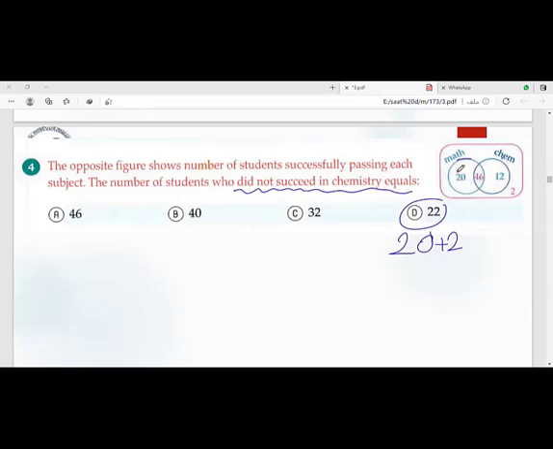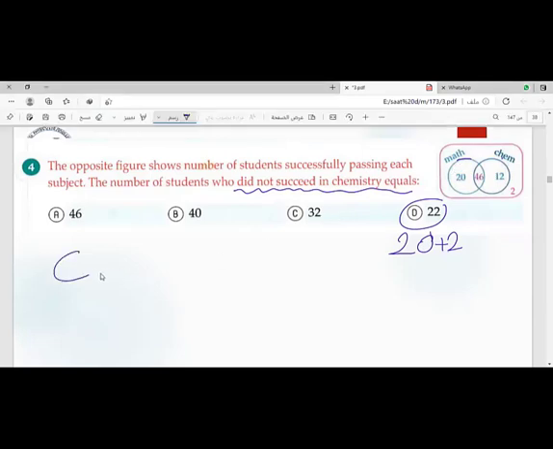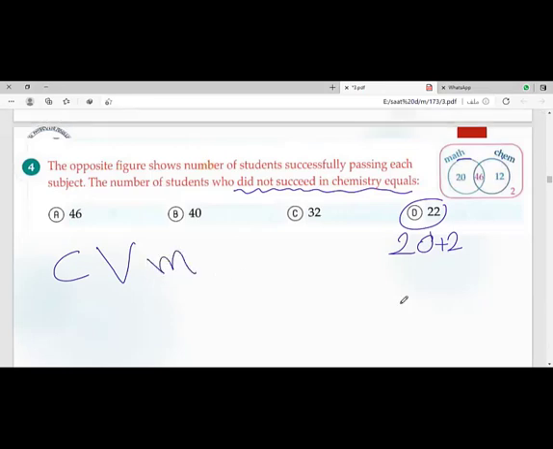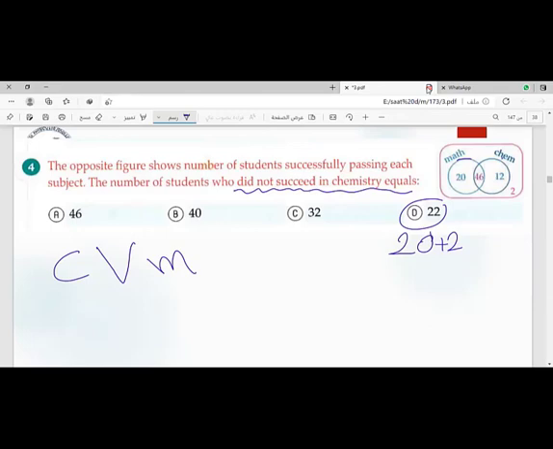Very good. What is the number of students who succeeded in chemistry or math? Here, or means all.